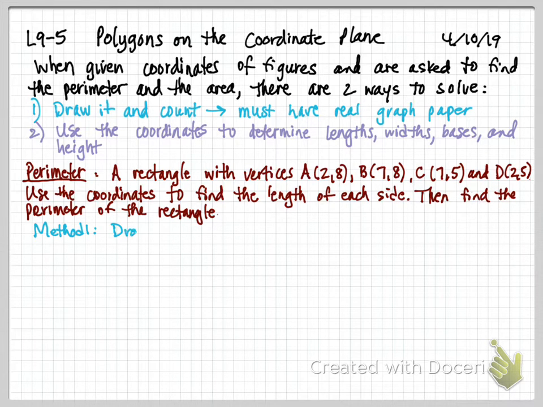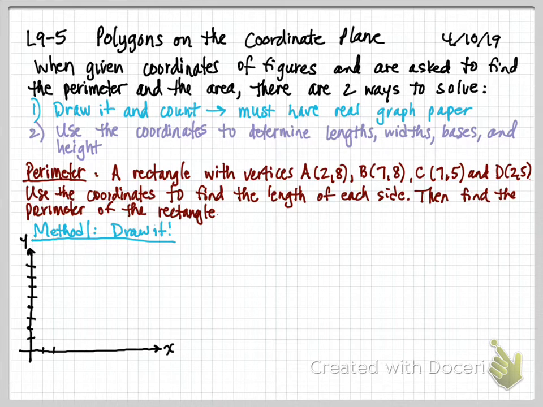Method 1, draw it. Okay, so I'm going to draw my coordinate plane. Let's see, I need to go up. Let's see how far I need to go. 8, 7, 6, 5, 4, 3, 2, 1. And if you notice, all our coordinates were positive.